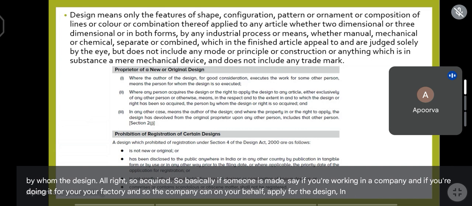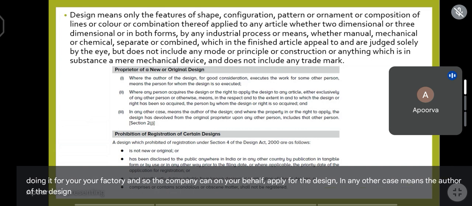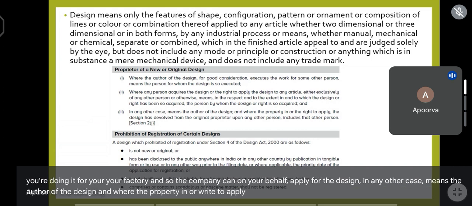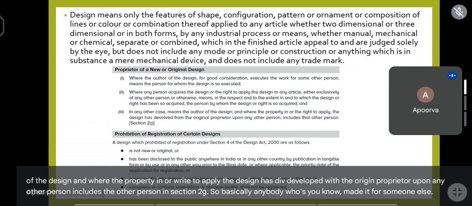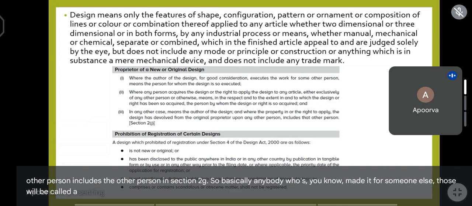In any other case, where the property in or right to apply the design has devolved from the original proprietor upon any other person, it includes the other person, as in Section 2(j). So basically anybody who has made it for someone else will be called a proprietor.